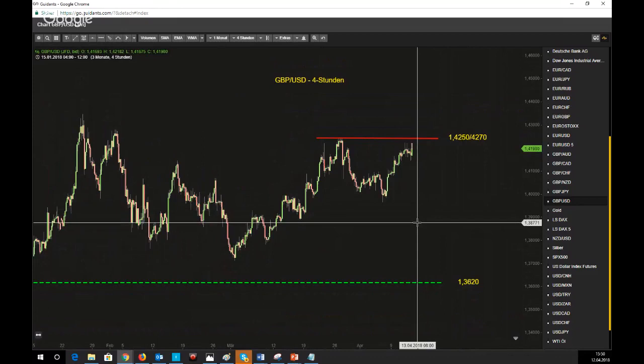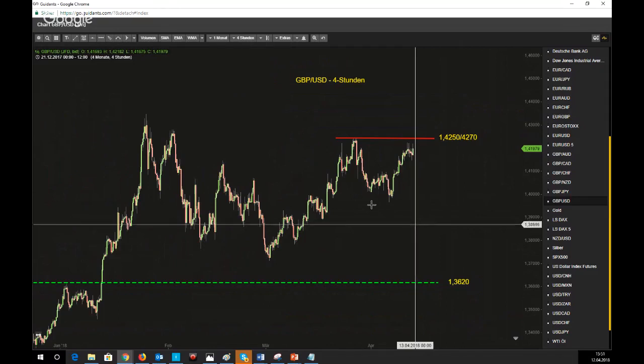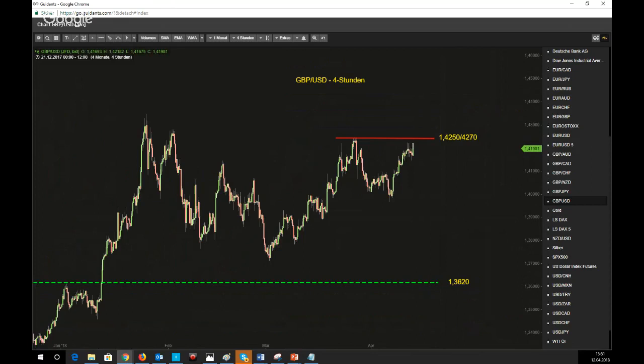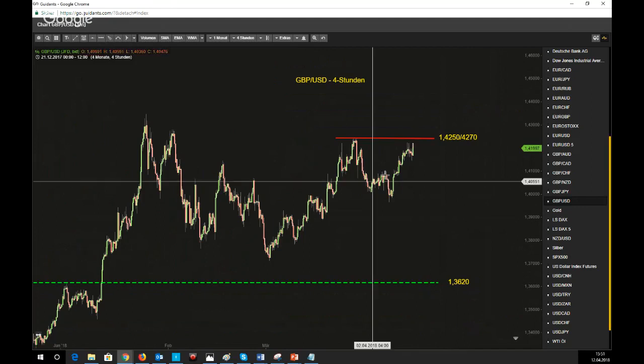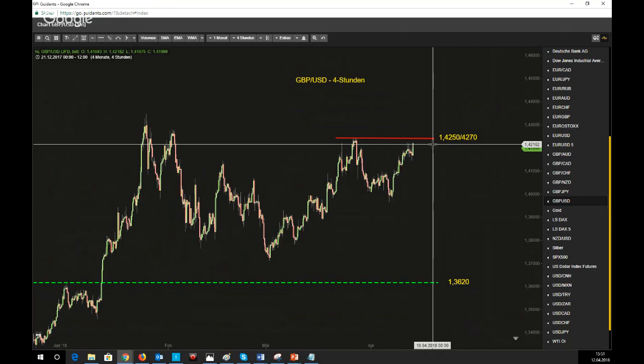So I have to say that I'm all in all quite positive for GBP USD, even though I also have to say that currently I don't like the current volatility in the currency markets, which is one of the reasons why I'm not such a huge fan of the setup I will just present to you now, or respectively the ideas I want to present to you right now.